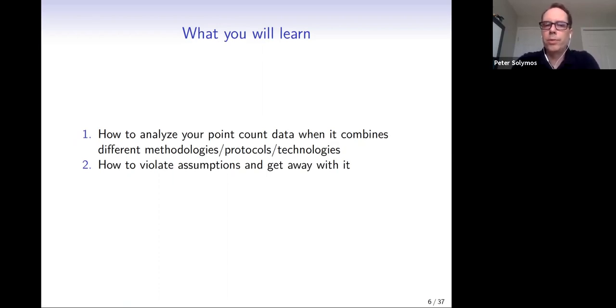But when it comes to putting together different projects that might have collected the data under different protocols or maybe using different technologies, how do you combine these together? So this might not just go for bird point counts, but for many different things like amphibian surveys or camera traps. I'm going to use bird examples, but just think about how it might apply to your specific data set if that happens to be not bird data.